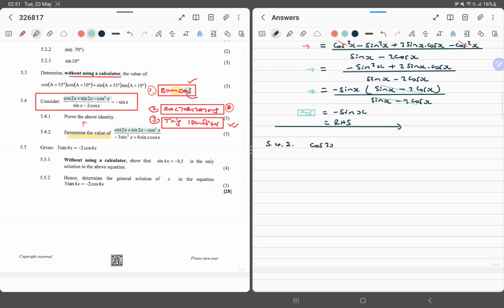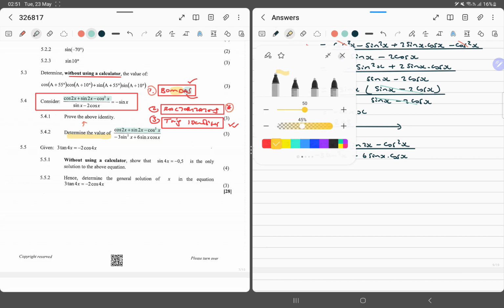So let's start. Cos 2x plus sine 2x minus cos squared x, divided by minus 3 sine squared x plus 6 sine x cos x. Okay, now the only different business here is the denominator.